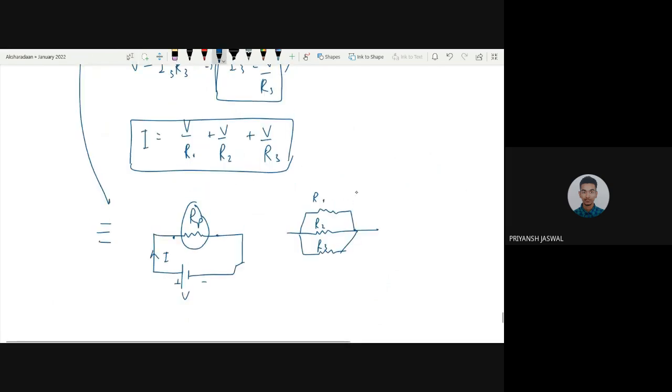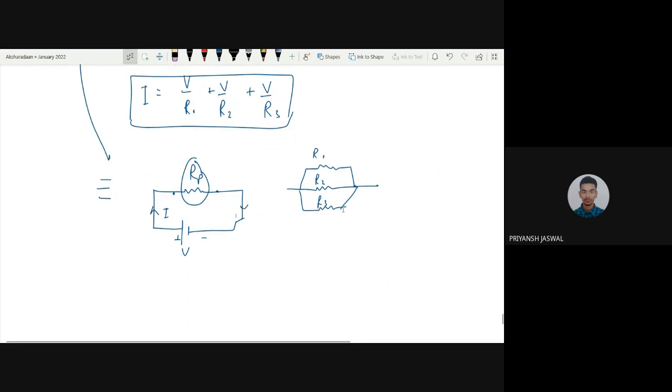Simple. Apply Ohm's law. Wherever you see voltage and resistance, just apply Ohm's law. You will get one value out of the three. I equals V by R_P.